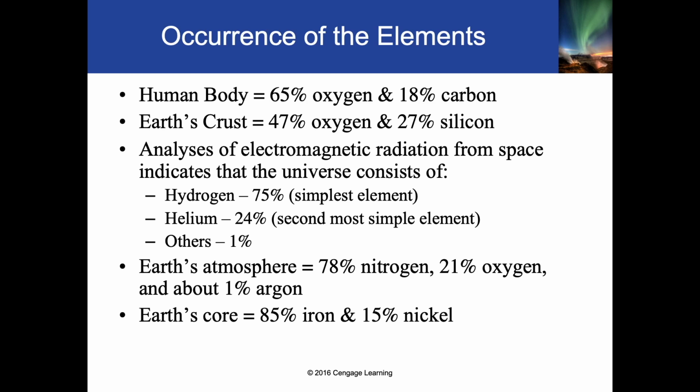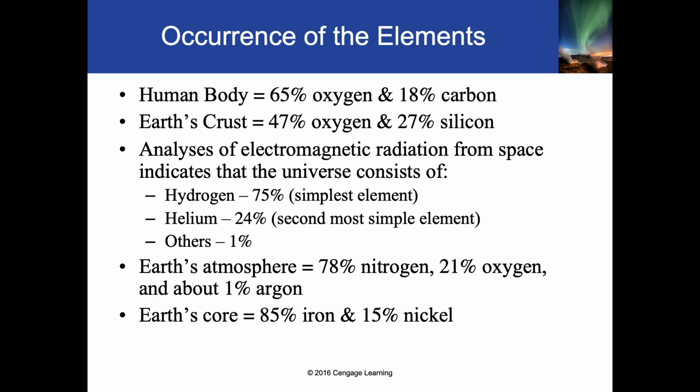So the vast majority of the universe is hydrogen and helium. And the interesting thing is that everything else in the universe stems from those two elements. They collide with each other and become bigger elements, and eventually you get the 116 or however many elements we have now on the periodic table.